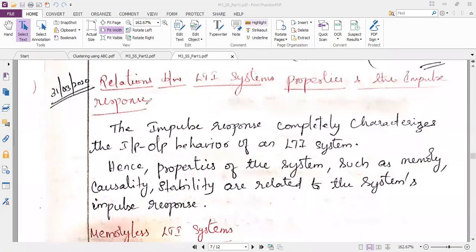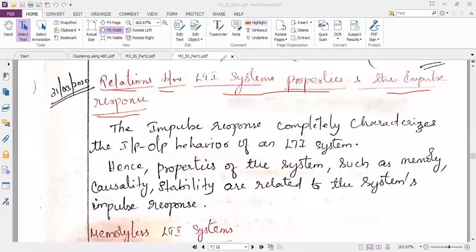So today I start with a new topic, relations between LTI system properties and the impulse response. Let me give the difference between this topic and the topic in the second module.